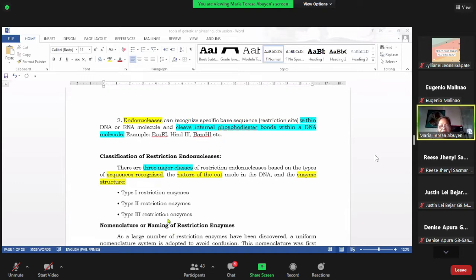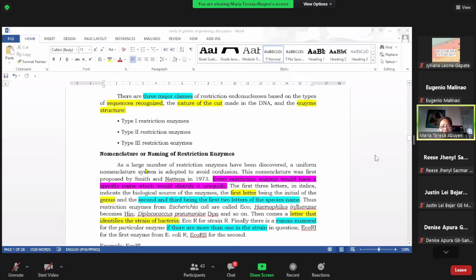So again, as I said, we come to how restriction enzymes are named. Every restriction enzyme has a specific name which identifies it uniquely, since each enzyme is unique.